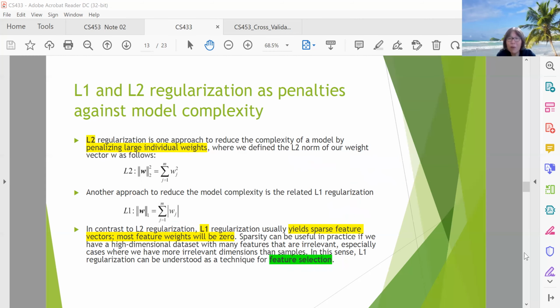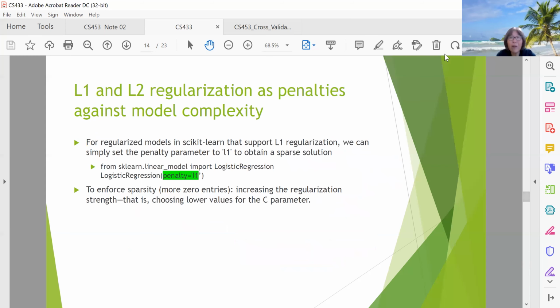And if you recall in sklearn, how do we specify it? In the model, like for logistic regression, you use the argument penalty, then you specify L1 or L2. Later on in our example, we will also see this. So L1 or L2 depends on the penalty argument.